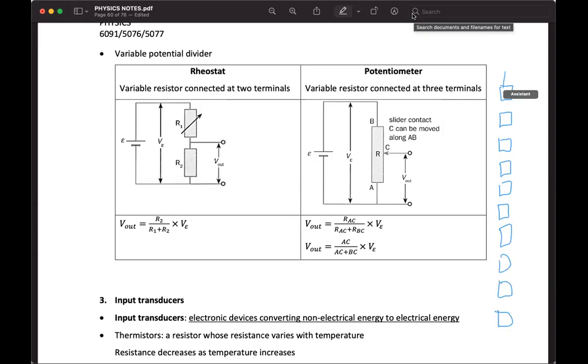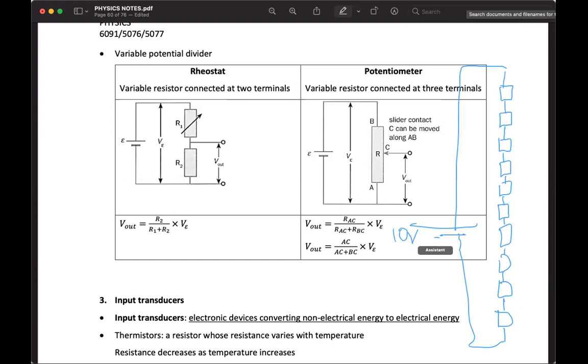I have 10 resistors here. Okay, a very lousy example, but I got 10 resistors here with a battery down here. 10 volt. Okay, so my battery has an EMF of 10 volt. Clear so far? So if I were to test this point, it is 10 volt. If I were to test this point, it is 0 volt. Understand?